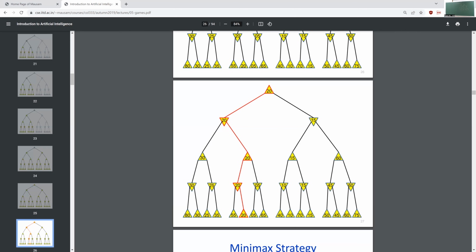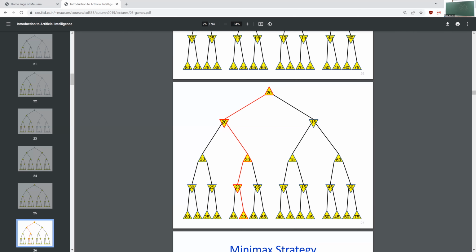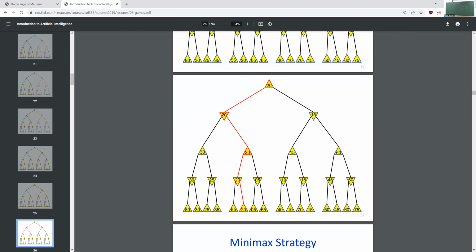You are an opponent and your goal is to minimize the utility of the game. So your opponent will take the right action and will end in a terminal state which has a utility of 20. Right. So this red path shows a two-move play of the game, where the game ends in a utility which is exactly equal to 20.